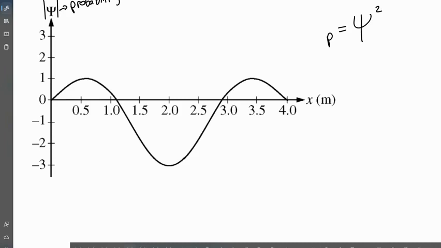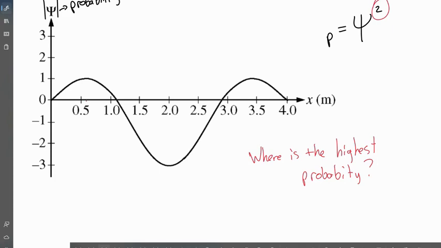So essentially what we look at is where does psi have the biggest magnitude, and that's the highest probability. So if the question is where's the highest probability of finding this electron, we would say, okay, where does this graph have the biggest magnitude? Positive or negative doesn't matter because it'll get squared.